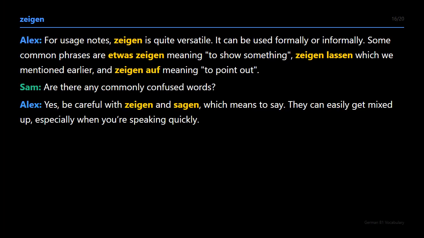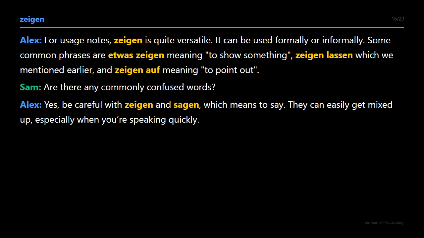For usage notes, zeigen is quite versatile. It can be used formally or informally. Some common phrases are etwas zeigen, meaning to show something, zeigen lassen, which we mentioned earlier, and zeigen auf, meaning to point out.